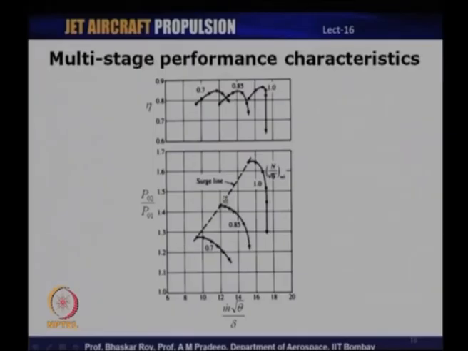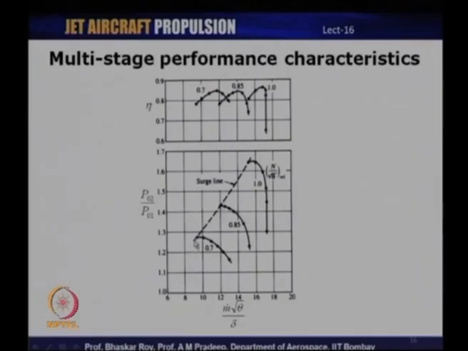The reason I have not shown points on the left hand side of this line, which is indicated here as the surge line, is that after this point the compressor operation is unstable because of what is known as surge, which I will discuss shortly. There is an instability in the compressor performance which prohibits operation on the left hand side of this line.